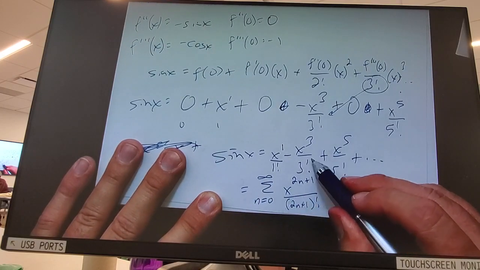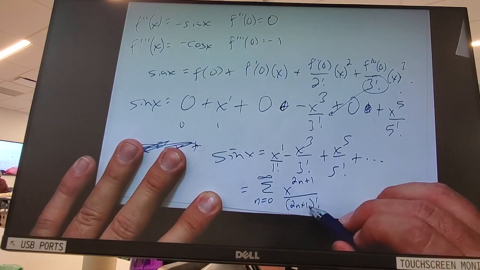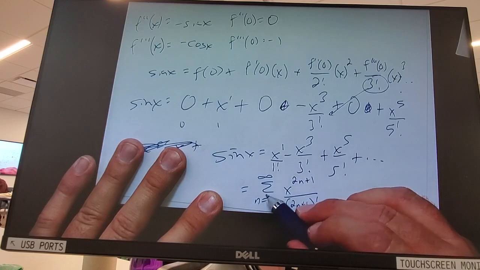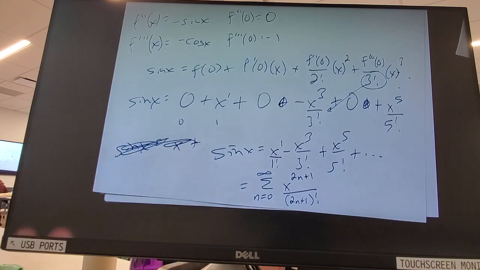So when n is 1, I'll get 3 and 3. Do you guys see that? When n is 2, I'll get 5 and 5. Do you see the idea with sine is, since every other one was 0, I can sort of compress it and then make a more direct definition.